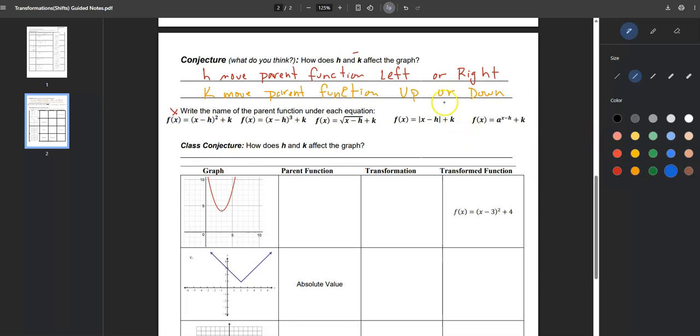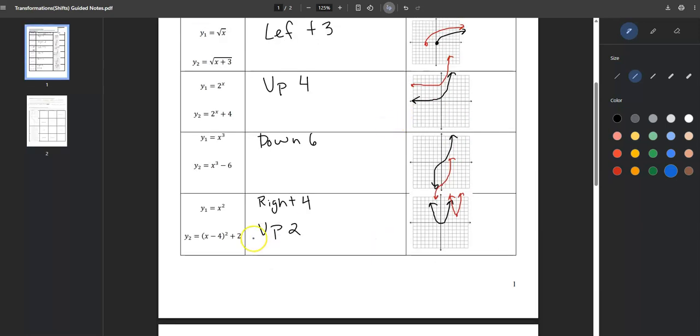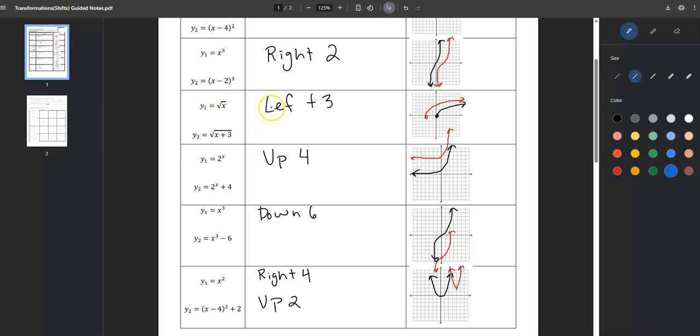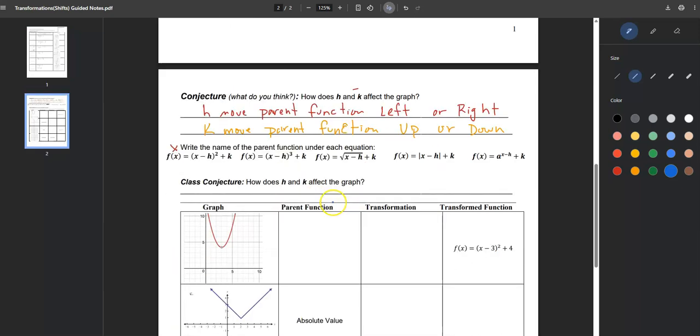And let's make sure we're good with when it does what. So if you guys notice up here, we'll just look at this one. H is 4. It moved it right, and 2 moved it up. So plus on the outside for K moves it up. Minus moves it down. And then on the inside, it's always the opposite of what you think. So minus 4, you'd think it would move it left, but it actually does the opposite, so it moves it right. And again, plus moves it left. Okay?